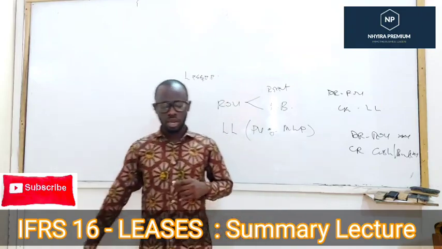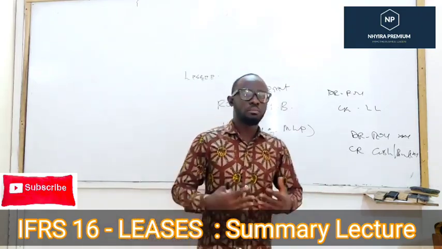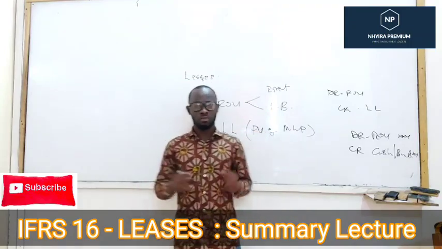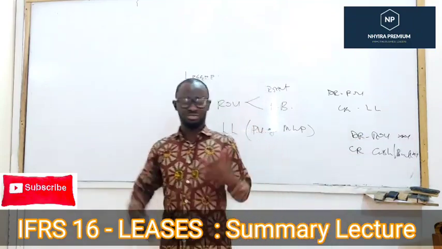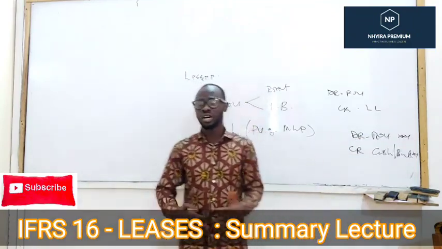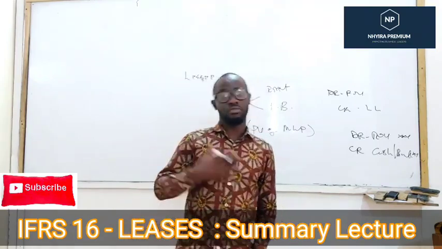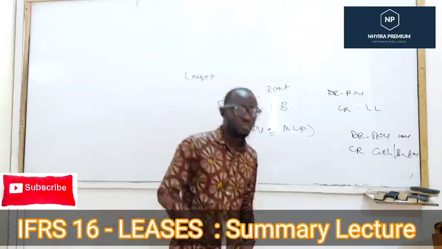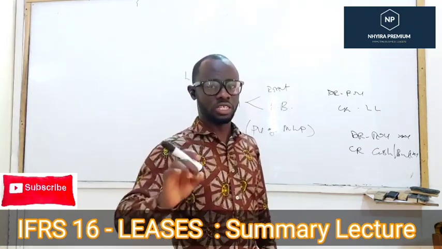Then there are some times when the lessor may reimburse us with some of the direct costs that we incur. So maybe we incur a direct cost of, say, $20,000, and the lessor agrees that he will reimburse us with $5,000. If the lessor is reimbursing us with $5,000, what is happening there?